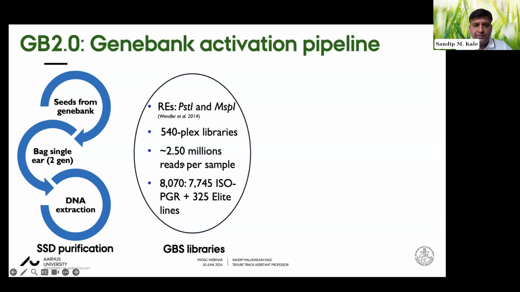And then we used a 2-enzyme restriction digestion protocol for developing the genotyping by sequencing library using the PstI and MspI enzymes. Around 540 digested and ligated libraries were pooled, and approximately 2.5 million reads were generated per sample.